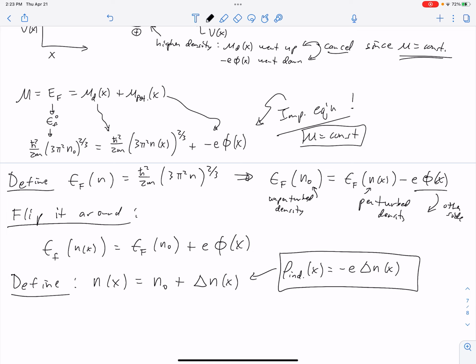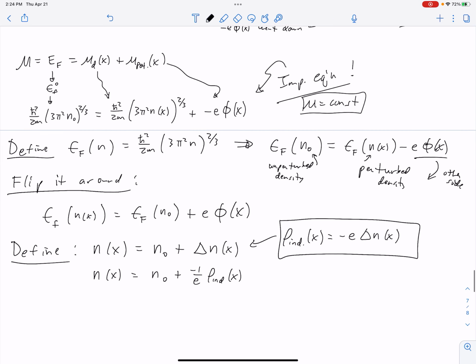So these are related, because that's what the induced charge is. It's that delta n of x. And so then I can say that n of x, the density of electrons, is equal to n naught plus negative 1 over e times rho induced. Okay, so I can just rewrite it like that, because they're just the same thing.